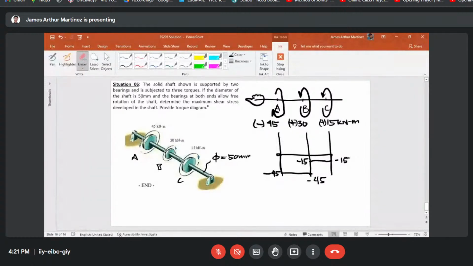Sige. Di ba, ang problem or ang question is, ang ato ang goal is to determine the maximum shear developed in the shaft rather. So, ang sa kalit atong equation for the shear stress, no, in a solid shaft, di ba, you have tau is equal to TR over J, di ba?